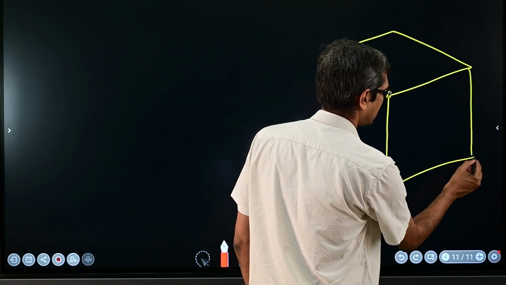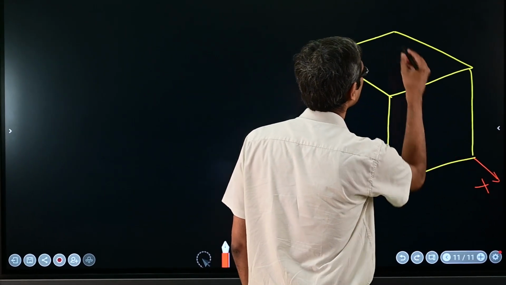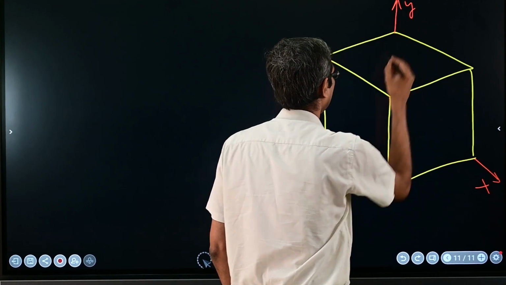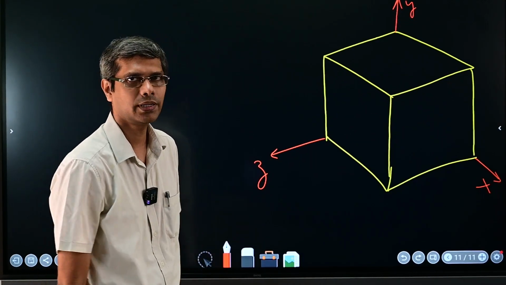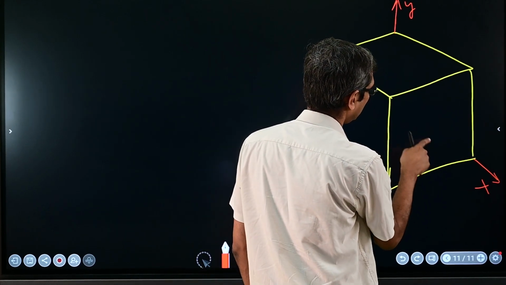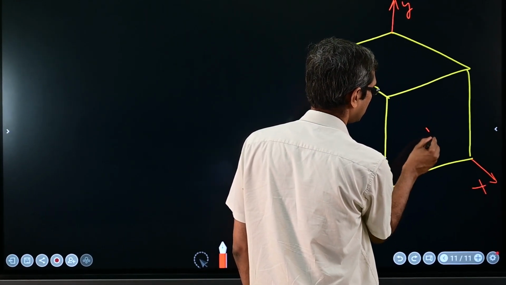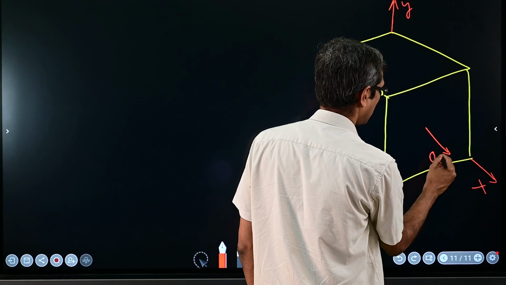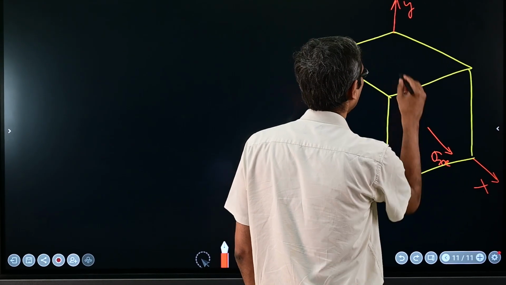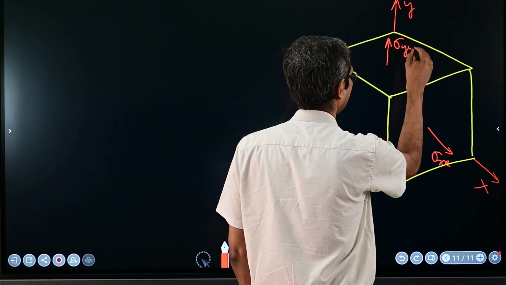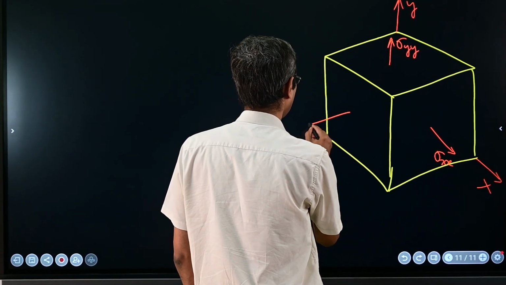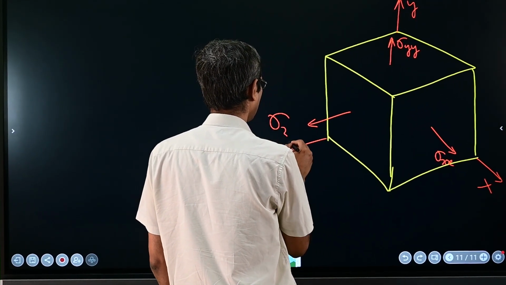Suppose this is the x direction, x, y and z. Fine. So then this direction is sigma xx, this direction is sigma yy, and this direction is sigma zz.